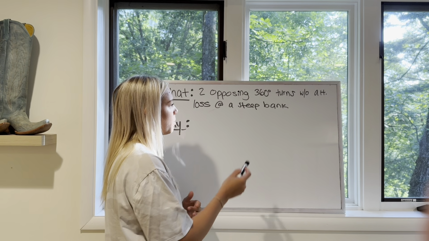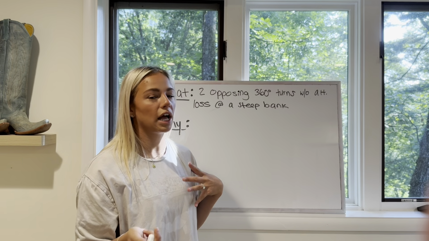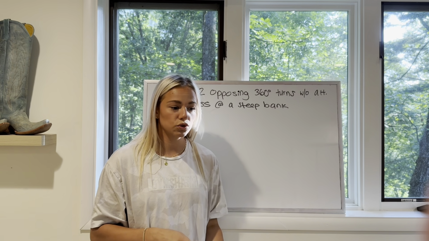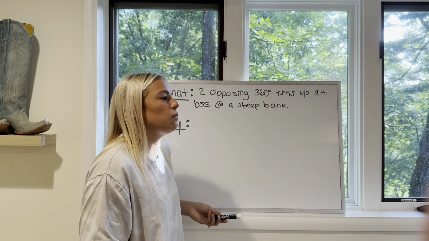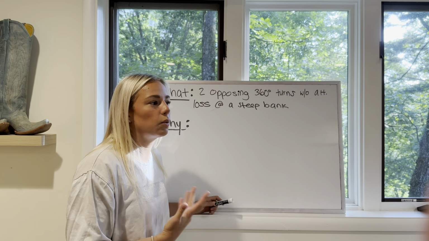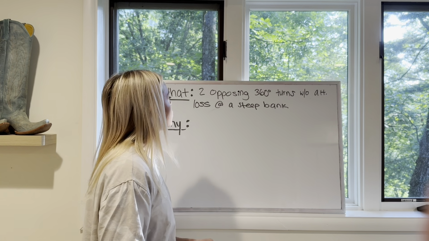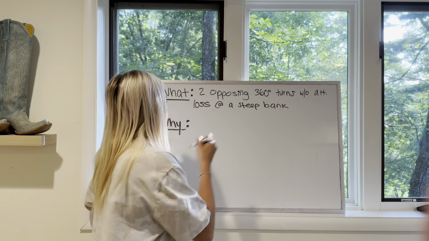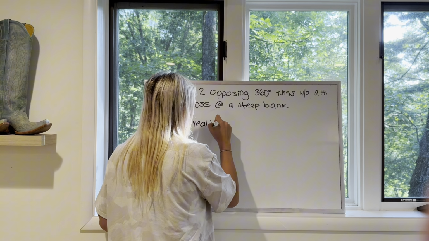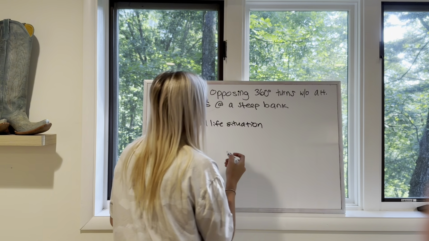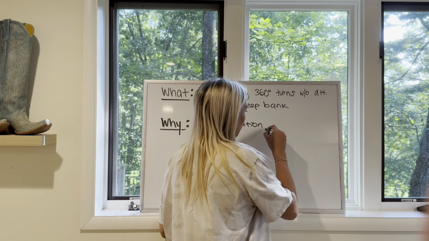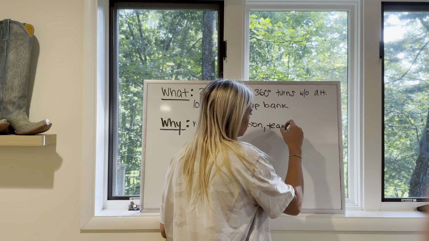So it's always important that we're putting ourselves in situations that are more challenging than what we can handle, so that we can learn how to control the airplane efficiently. And then if we ever ran into something like this in real life, then we would be able to handle it. So I'm just gonna put real life situation.